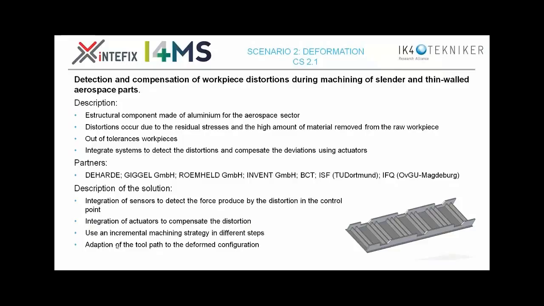And in this case, it also includes the communication with the CNC of the machine tool in order to modify the tool path for the deformed configuration of the workpiece. So as the process progresses, the workpiece is deformed, and the tool path is adapted to the new deformed configuration.